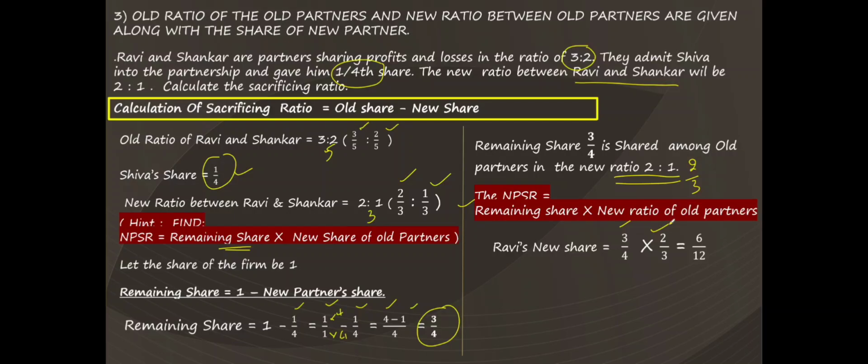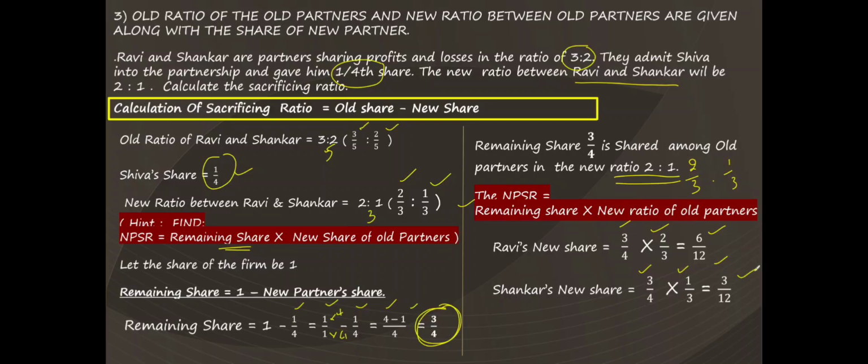Next, Shankar's new share will be the remaining share, 3/4, into his new share, 1/3, which will be equal to 3/12. So this is the new profit sharing ratio of the partners.